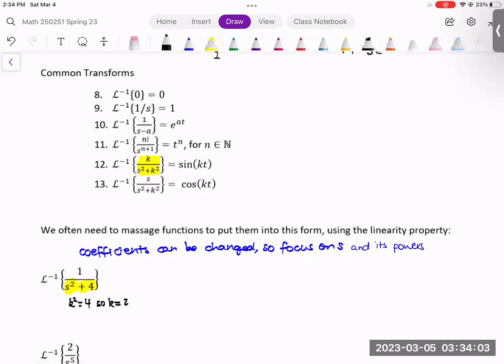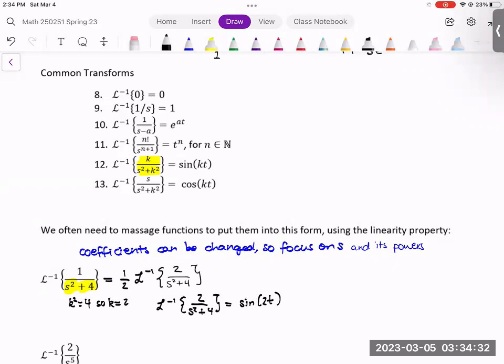So we're going to be using that the inverse Laplace transform of 2 over s squared plus 4 is equal to sine of 2t. That's not quite what we have, right? We're missing this 2 up top. So I'm going to divide by 2 outside and multiply by 2 inside.